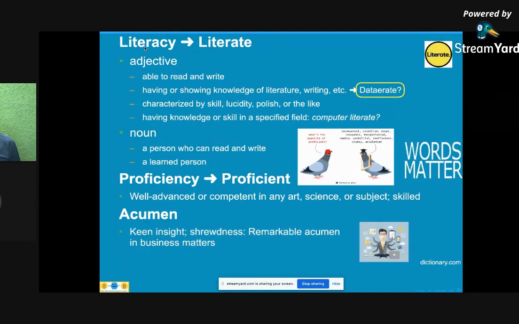But if somebody has acumen, they have keen insight, they have understanding. We use the word shrewd to describe this. And if I have the choice of getting somebody who is literate or somebody who has data acumen, I will always take the data acumen person, because they will know not just the data things, but the data things as they relate to the business, as they relate to what's happening.